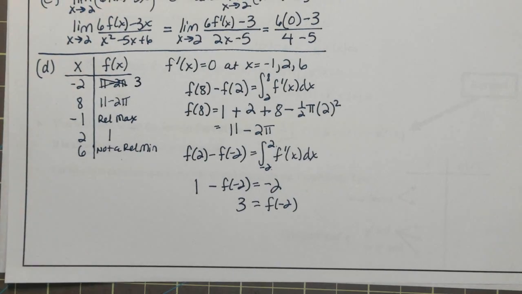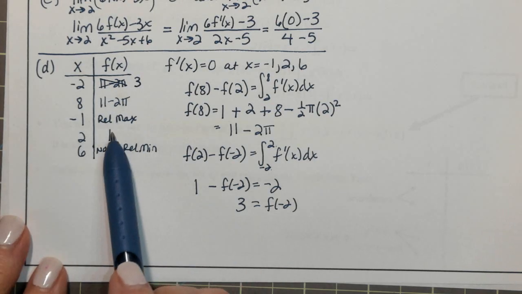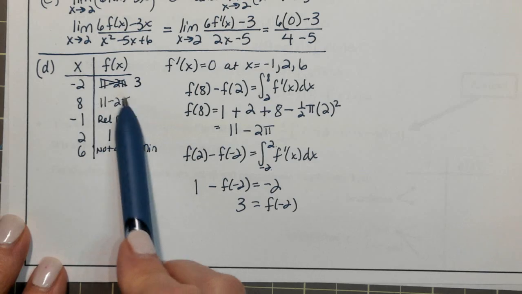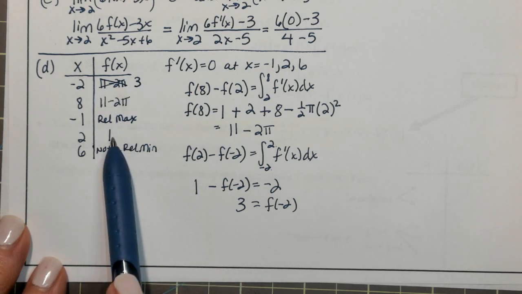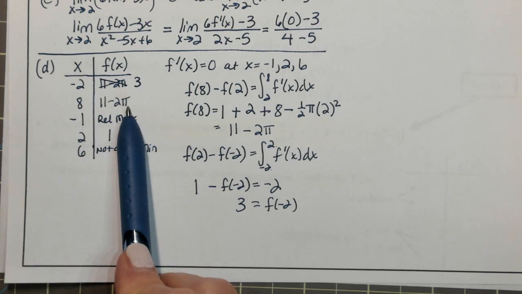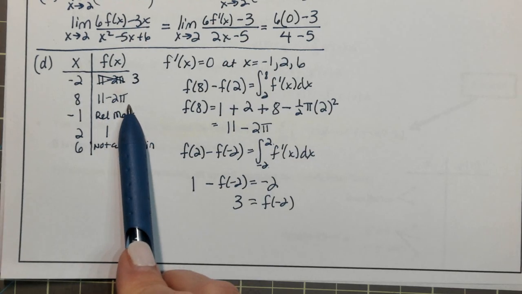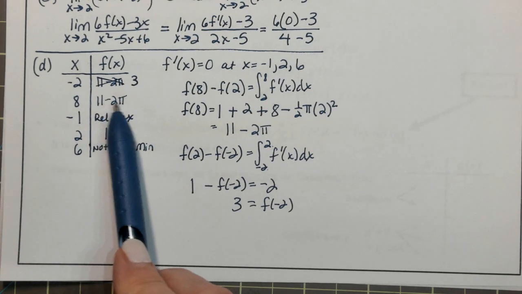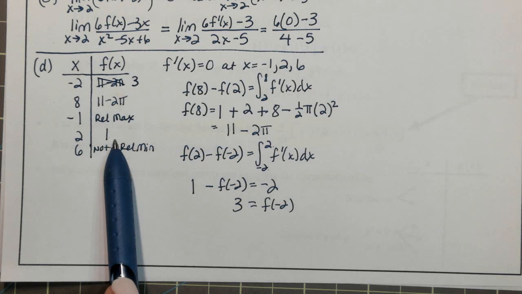So now we want, which is the minimum value? Which of these is the lowest? Well, I know it's not 3. Is this bigger than 1? Pi is about 3.14, right? 2 times that is 6.28. 11 minus 6.28 is bigger than 1.